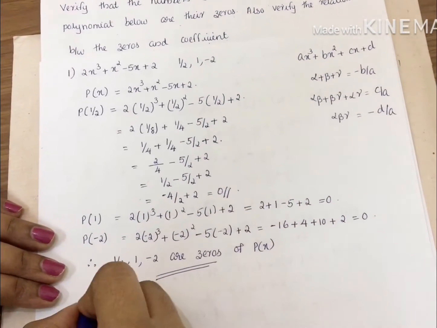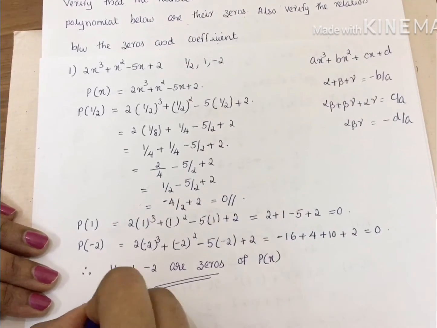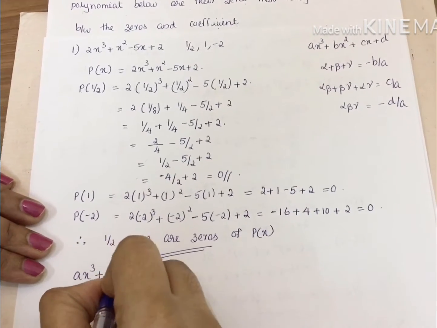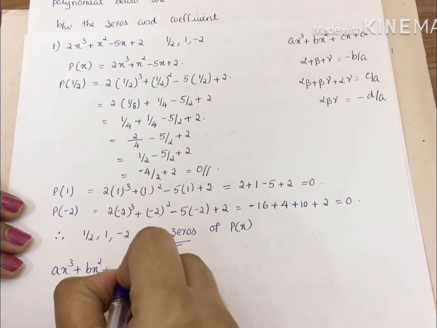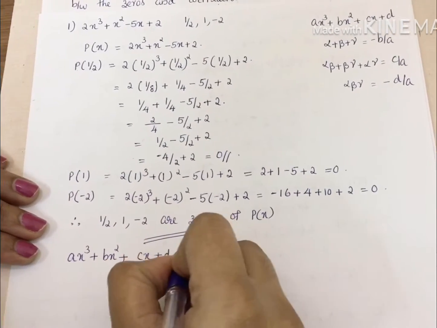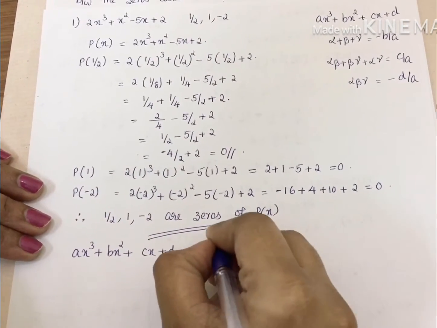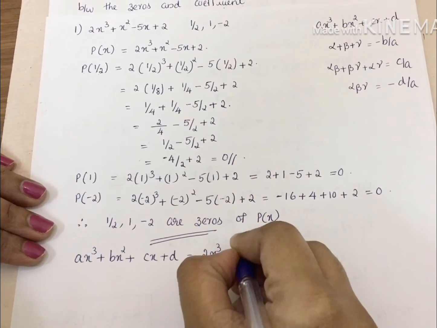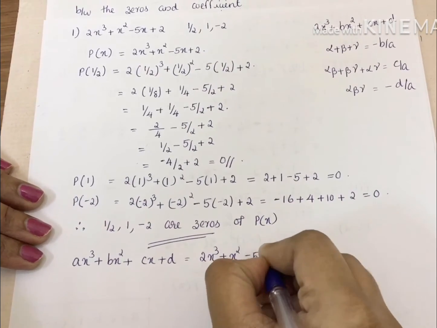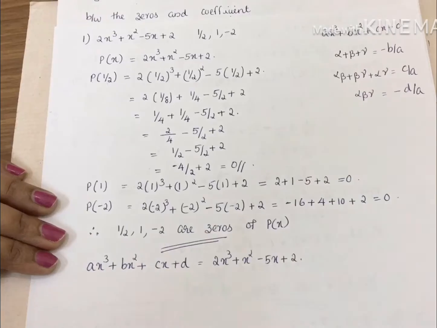Here the polynomial ax cube plus bx square plus cx plus d is equal to 2x cube plus x square minus 5x plus 2, right?